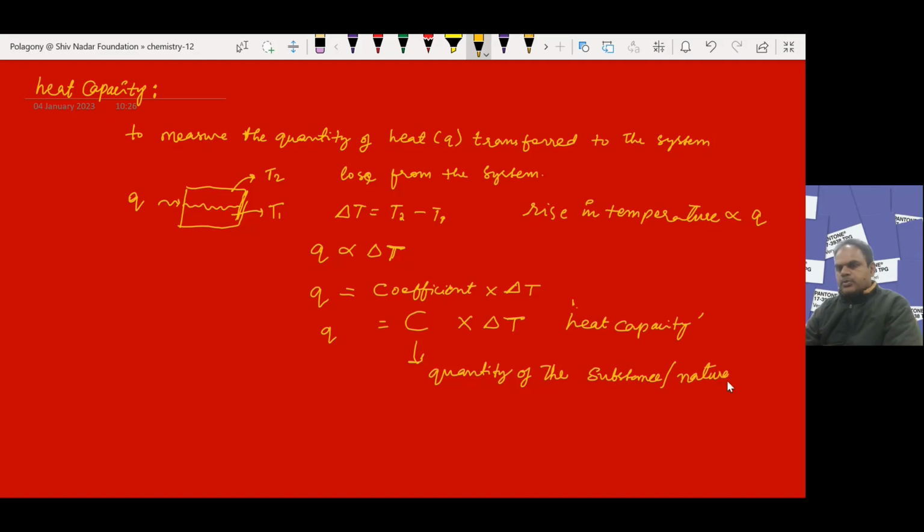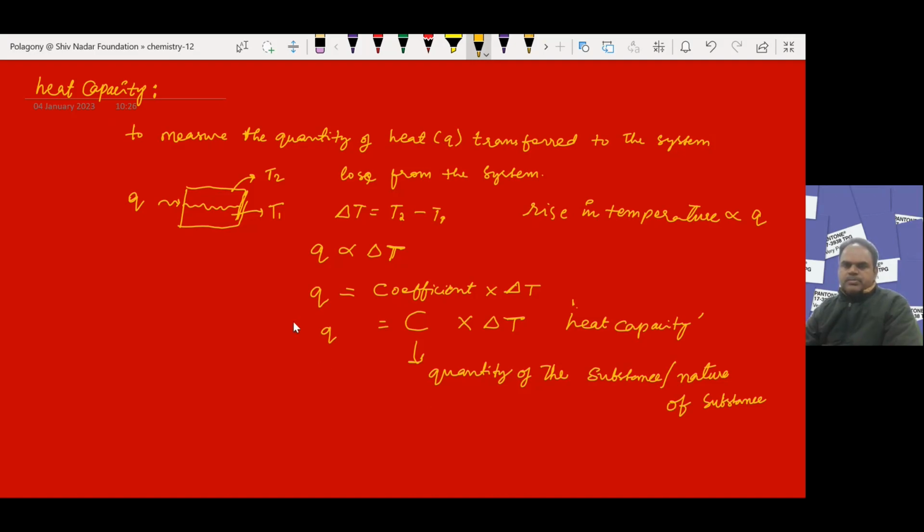It differs from substance to substance. Different substances absorb heat differently. One substance absorbs more heat to increase the temperature, and another absorbs less heat for increasing the temperature.